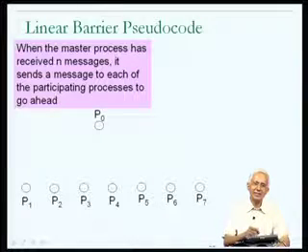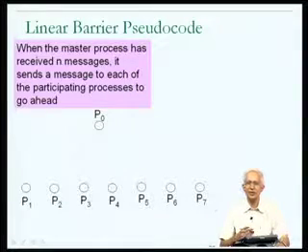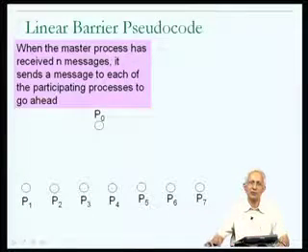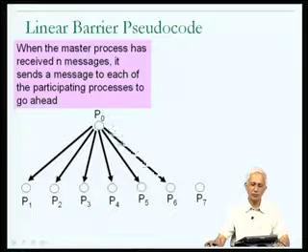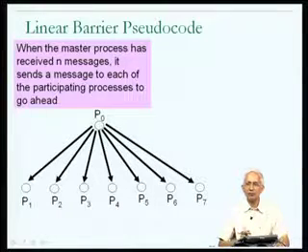So what is happening inside the master is it is keeping track of the messages that it has received, and as soon as it has received a message from each of the n processes, it sends a message in return to each of the 7, in order to processes P1 through P7. And as soon as each of the processes P1 through P7 receives a message from the master, it knows that it has finished with the barrier and can proceed out of the barrier.